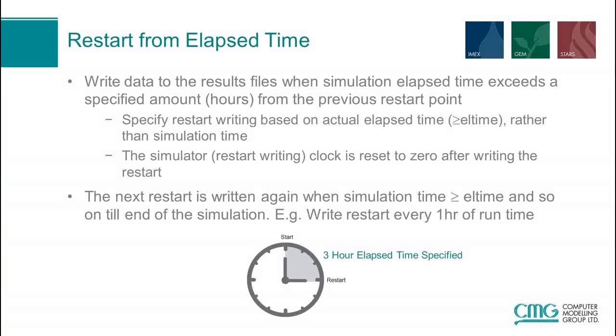This feature is something that I find particularly interesting and will be very useful to quite a few folks, I think. It's the ability to restart based on an elapsed time. Previously, when we go to run a long data set, or large data set, we would typically put in points within the data set itself that we want to write a restart record that we can actually start the run from again sometime in the future. Sometimes this is done to create prediction type cases based on a certain run.